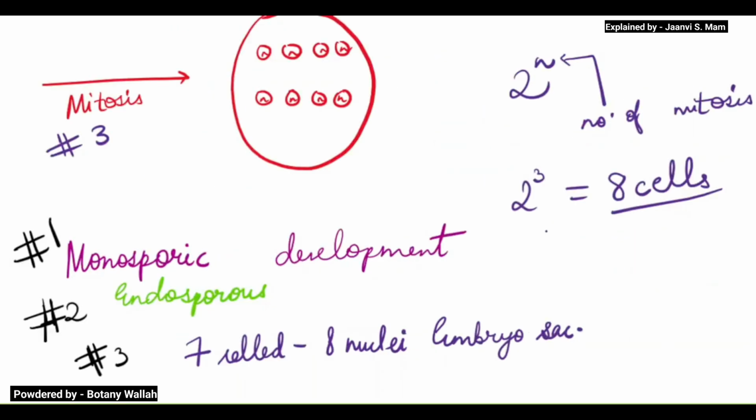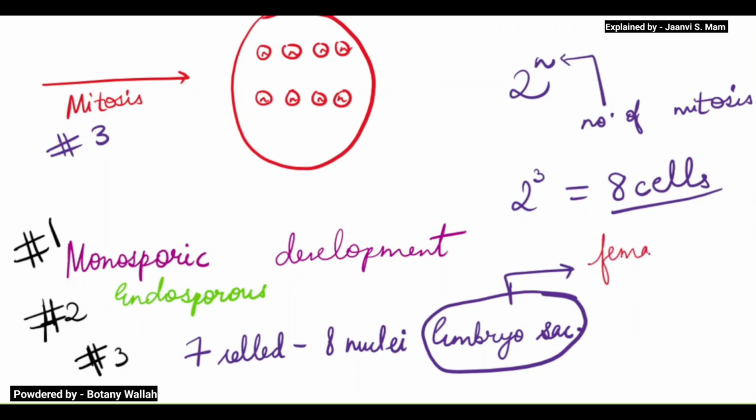Another word for embryo sac is female gametophyte. This word I had given yesterday also. Okay, so this is all.